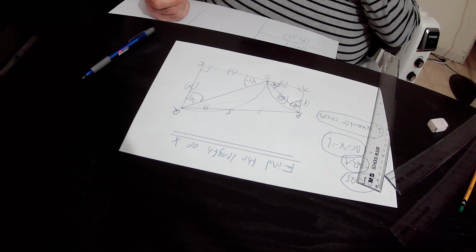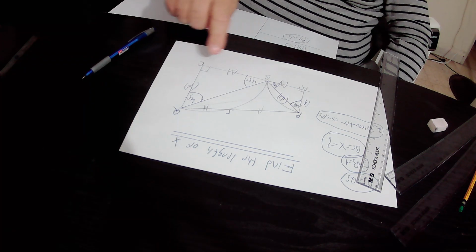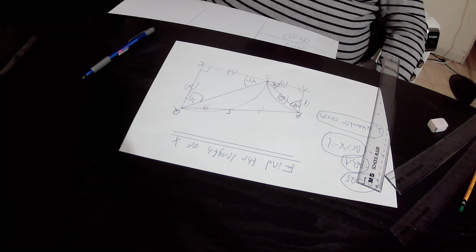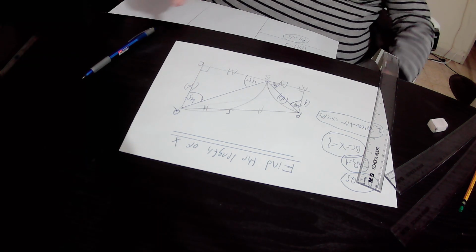In the next step, I will copy the right triangle QCB in a new page, and we'll implement the Pythagoras theorem on this right triangle QCB.